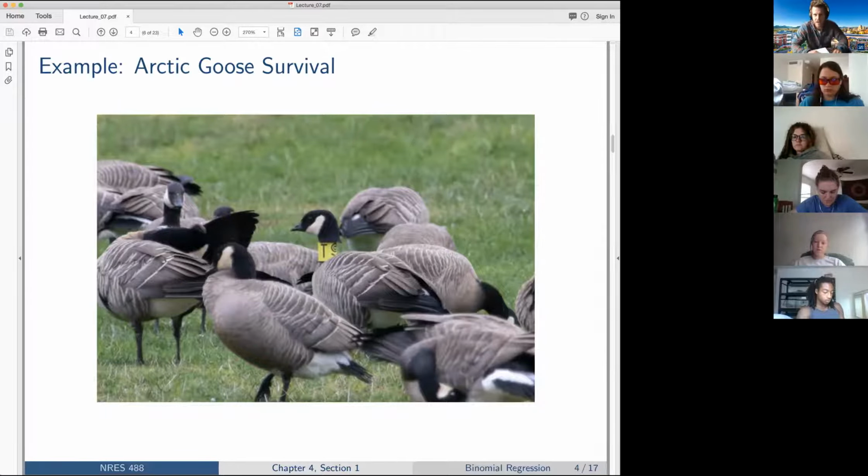All right, so you have an Excel spreadsheet. You plug in how many you went out and captured. You kept track of how many you captured and how many you marked. And then you go back to the office and you open an Excel spreadsheet and you type in, on this day, I marked 100 animals.